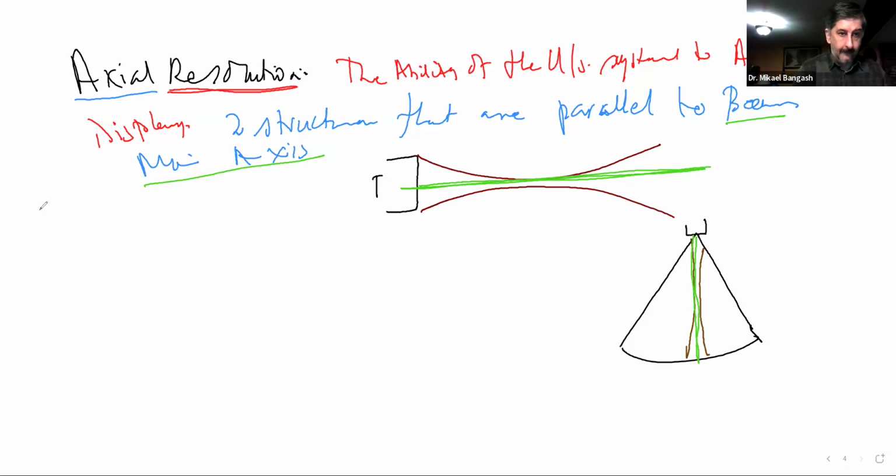So it is all about the ability of the system to accurately display two structures that are located parallel to the beam's main axis. This parallel to the beam's main axis can also be rephrased as front and back.